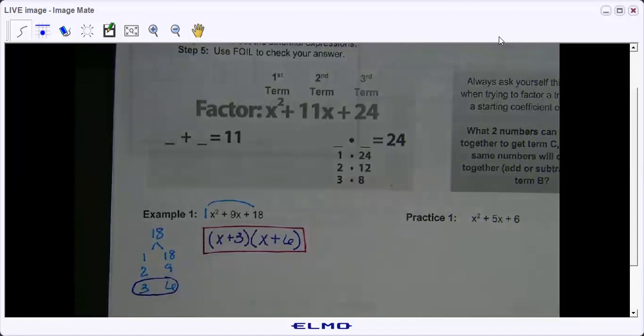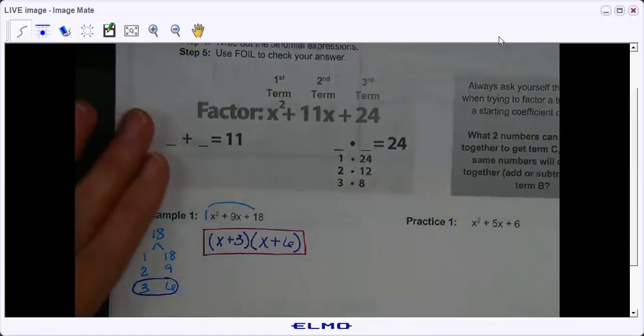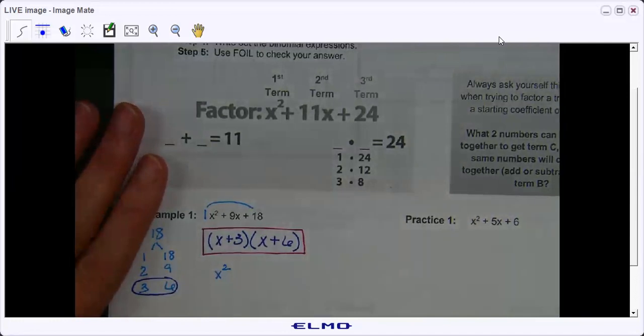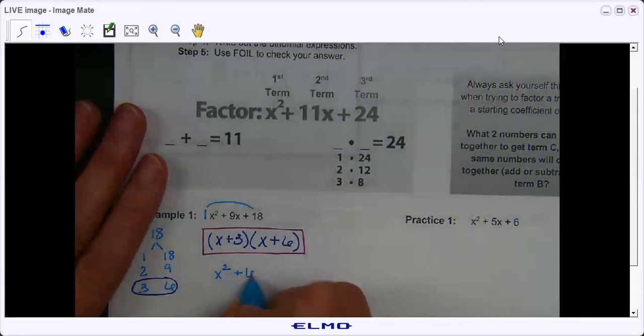Now, if you wanted to, you could go back and FOIL this. So let me show you what happens when we FOIL it. X times X is X squared. I said FOIL, I meant distribute. X times 6 is 6X. 3 times X is 3X. And 3 times 6 is 18.